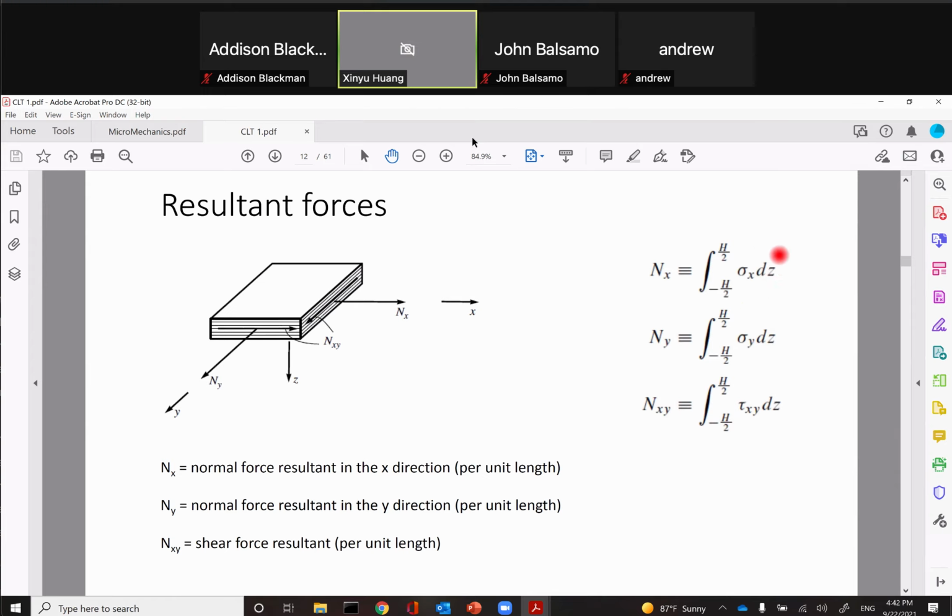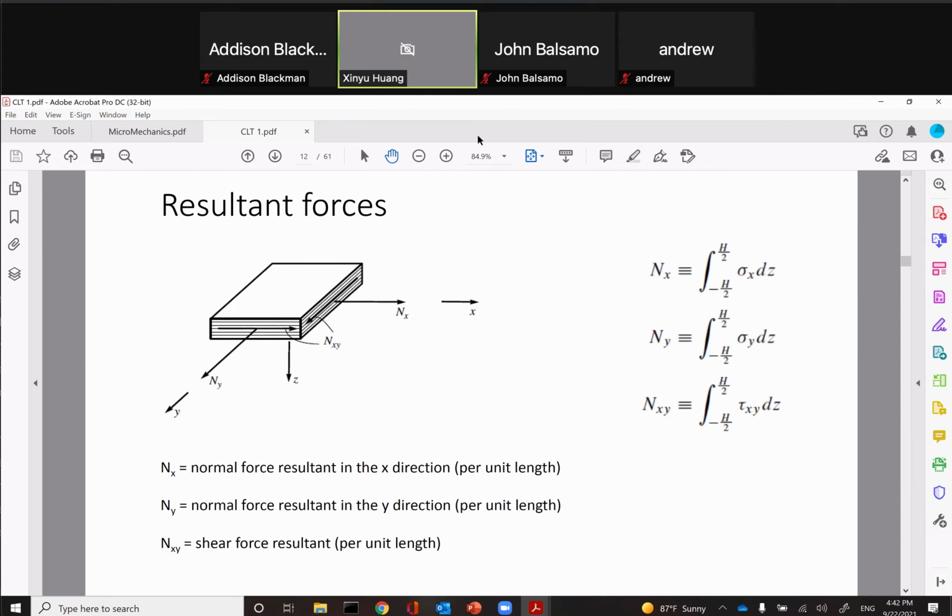So you end up having this quantity, the sum of all the stress in the x direction, which gives you a measure of the loading condition along the x direction. We call this thing the resultant force. It is the total effect due to the stresses in the x direction of all layers.